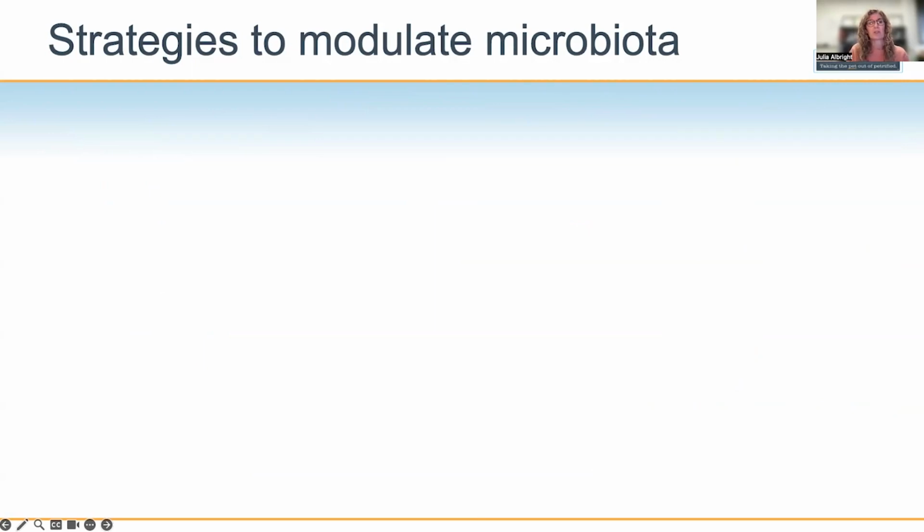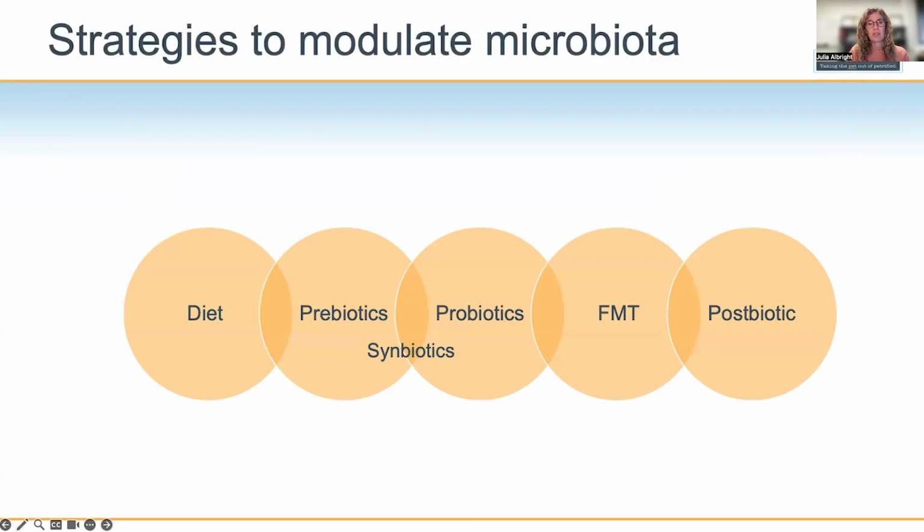So what are some strategies to modulate microbiota? In addition to the fecal transplant that I've just been discussing, diet is one of the oldest and probably one of the best ways to influence our microbiome. Then probiotics and prebiotics, and we'll go over those definitions.